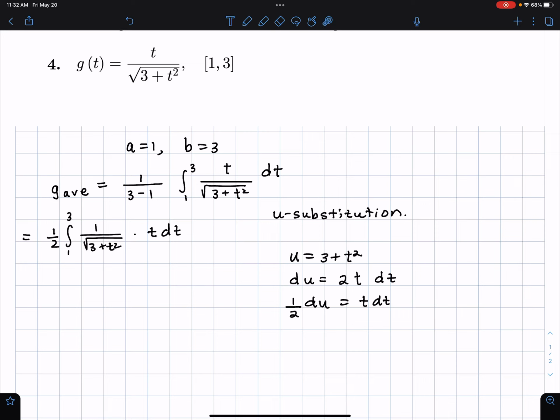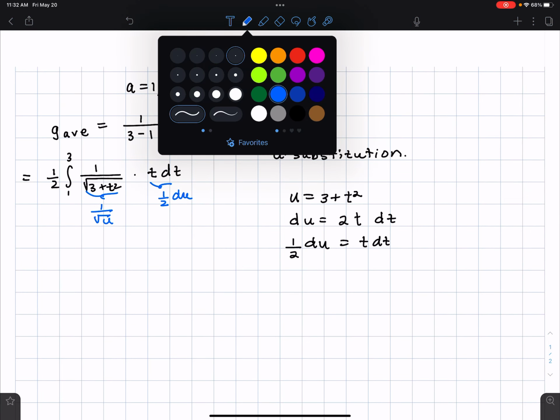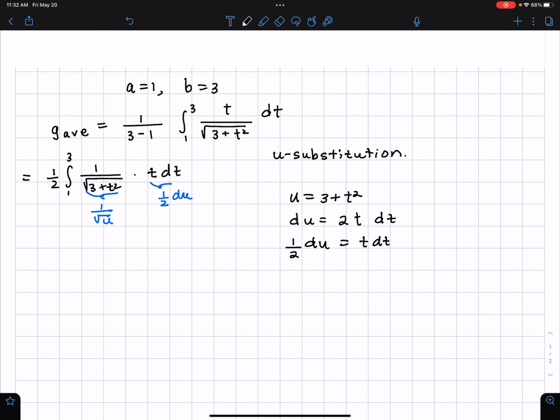Here's t dt, they're the same, so this part is 1/2 du. And if u is 3 plus t squared, this is 1 over the square root of u. Then I'm going to change the bounds.